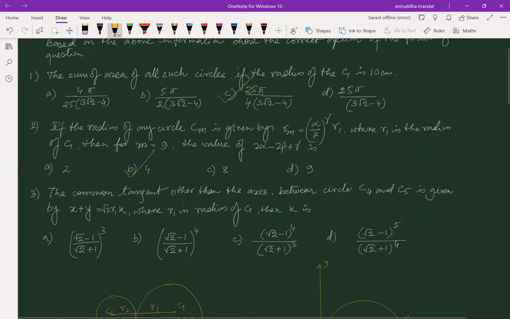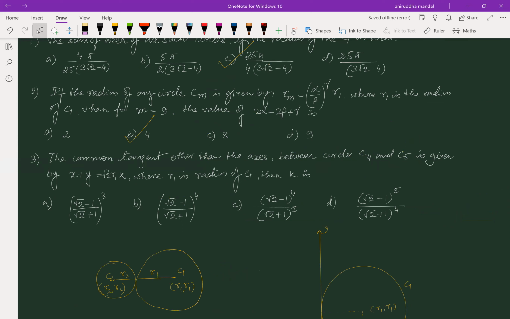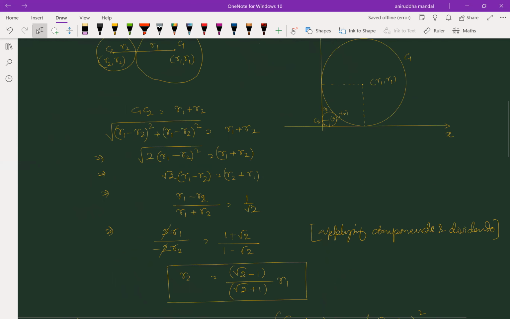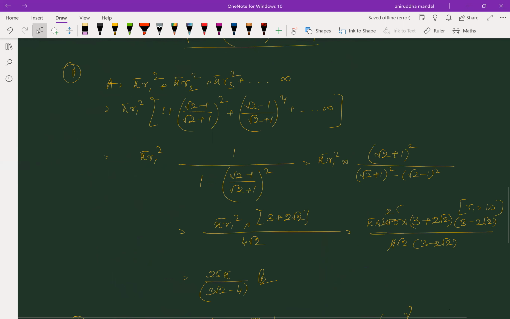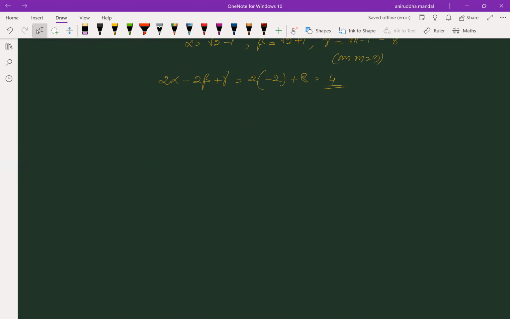The third question is, the common tangent other than the axes between the circle C4 and C5 is given by x plus y equal to root 2 R1k. So okay, let me draw one figure. So this is the circle, and another circle is, say, this is another circle.